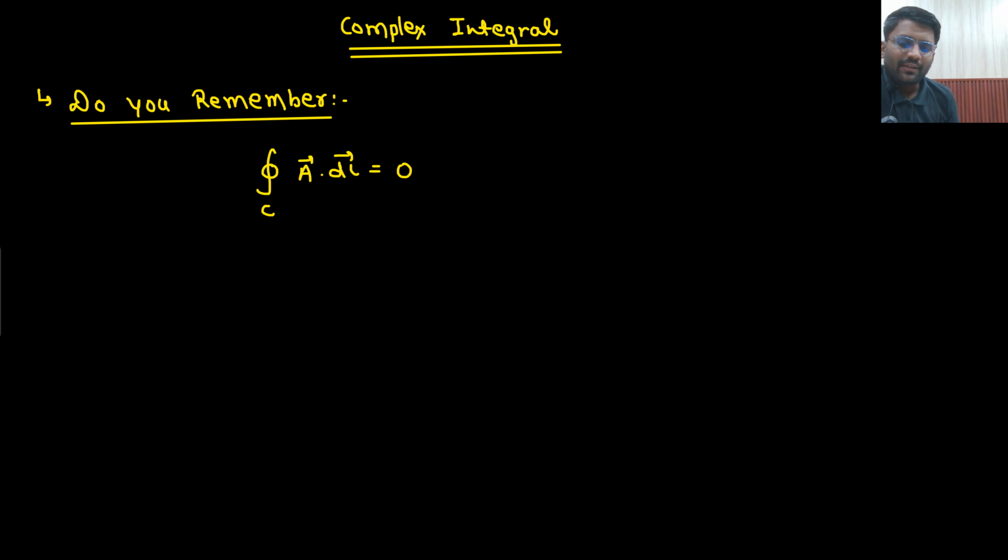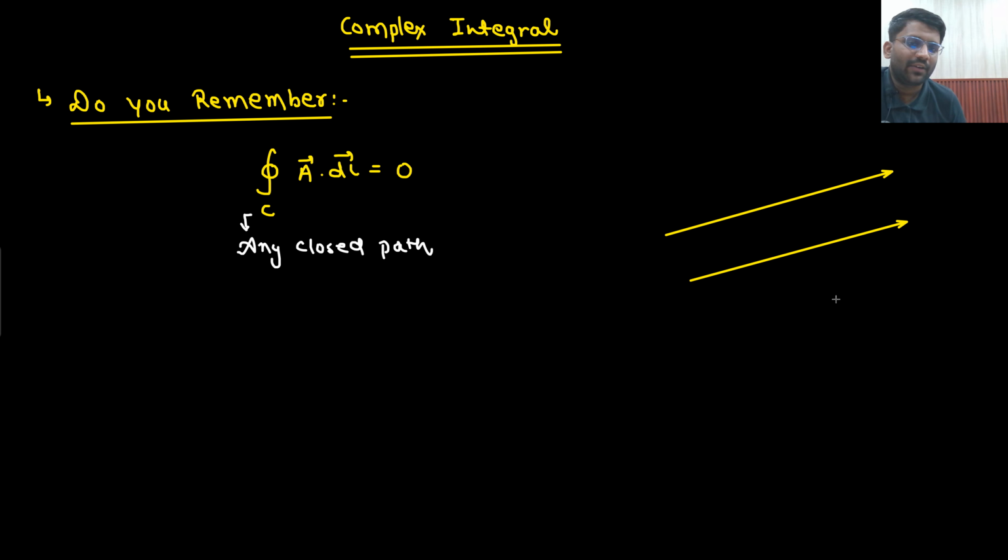Do you remember, when the closed line integral of A dot dl for any closed path, in the presence of vector field A, comes out to be 0, what we used to call our vector field A? Our vector field A was known to be a conservative vector field.